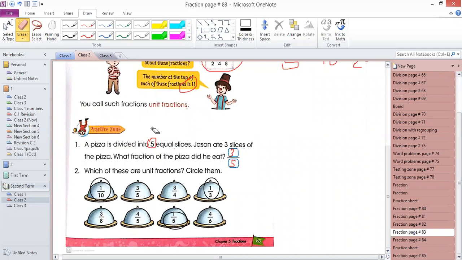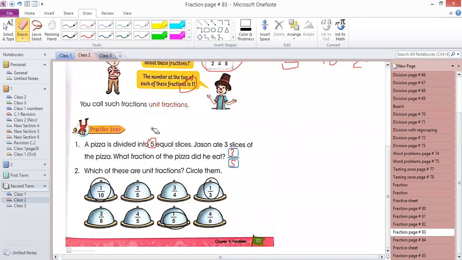The second is 3/5. 3/5 is a non-unit fraction because there is 3 in the numerator, so it is not a unit fraction. 3/4 is a non-unit fraction because there is no 1 in its numerator.